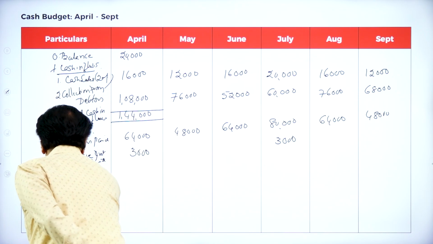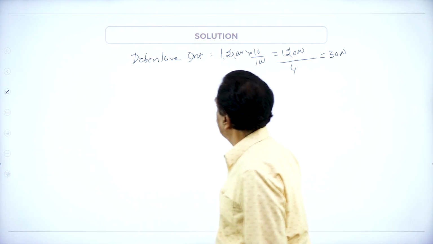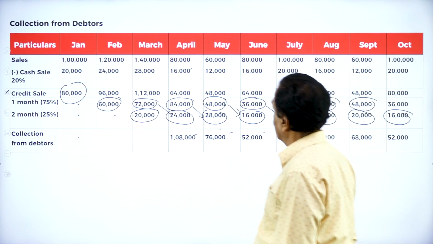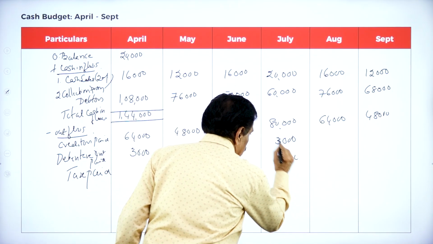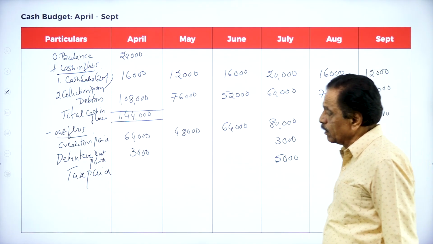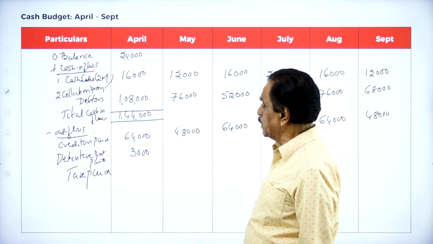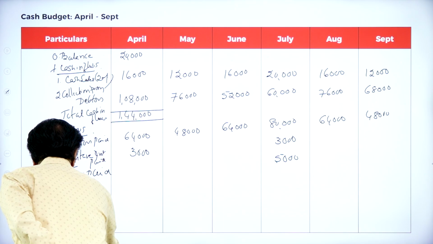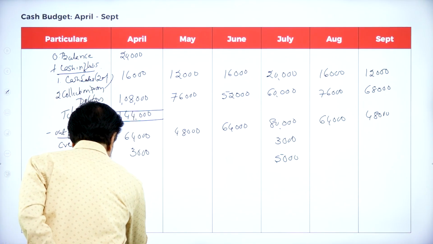Then tax paid. How much tax paid? 5,000 in July. So minimum balance to be maintained is 20,000. Careful, minimum balance to be maintained is 20,000. So 64,000, 3,000, minimum balance should be 20,000.